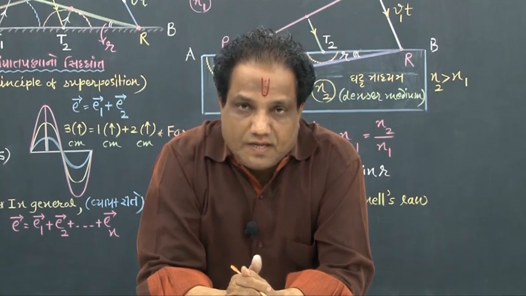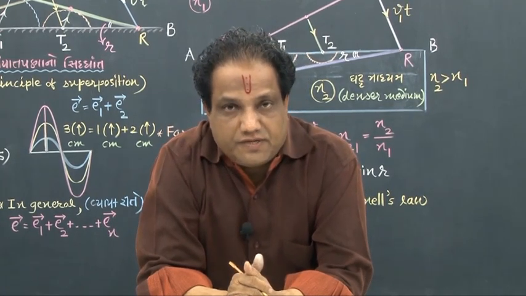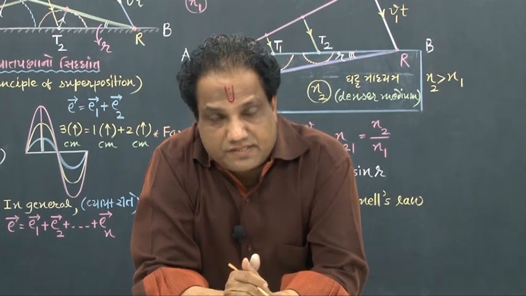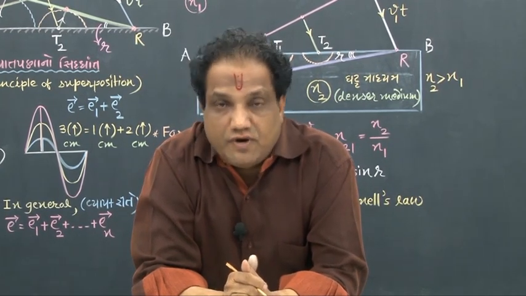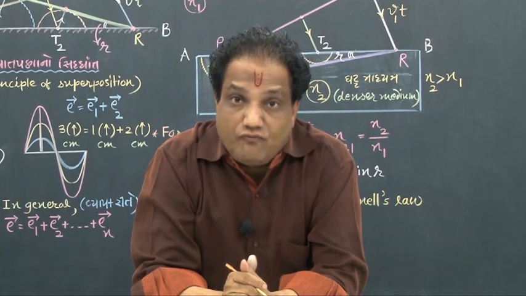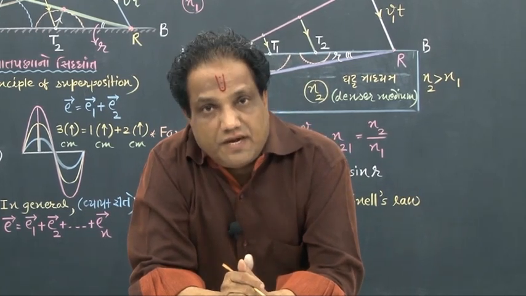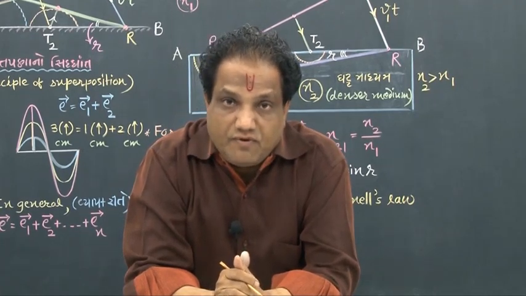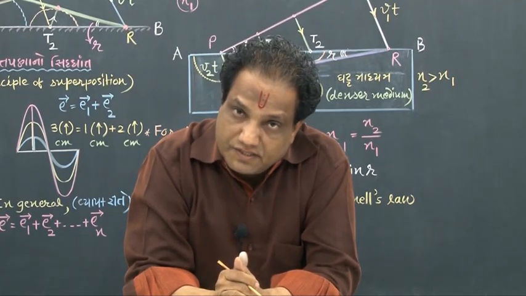Look, we are proceeding further in chapter number 4. You know, Mr. Huygens had given one theory which is called wave theory. He had assumed that light energy propagates in the form of waves.